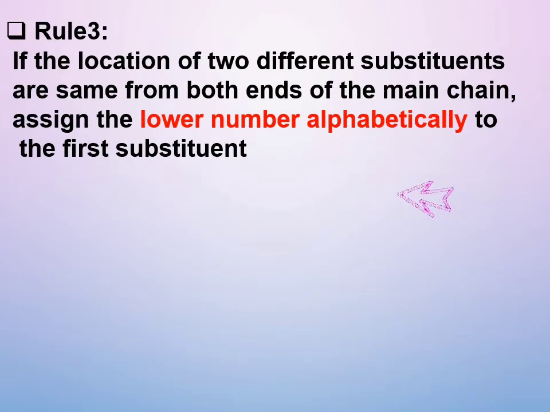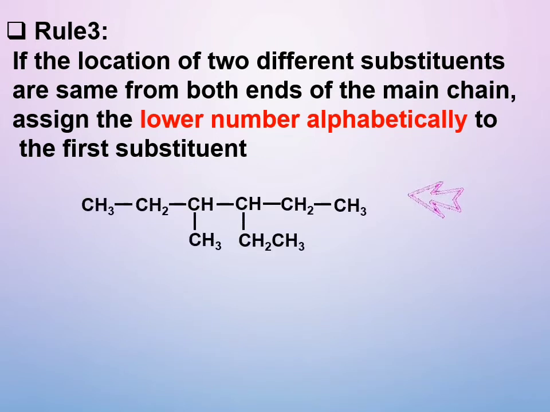Rule number 3: if the locations of 2 substituents are the same from both ends of the main chain, assign the lower number alphabetically to the first substituent. For example, in this one, my substituents are attached to carbons 3 and 4, or if I assign from the left first, it will also give my substituents the lower set as 3 and 4. So should I start from the left first or the right first?